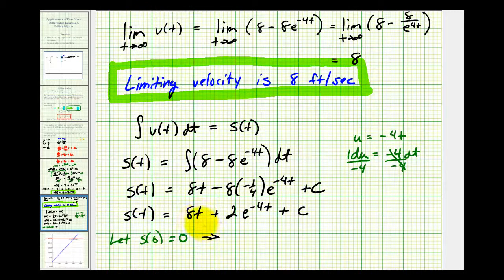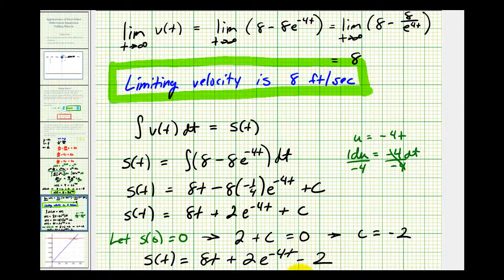So this would give us 8 times 0, that's 0, plus 2 times e to the 0, which is 1, plus c equals 0. So we know c must equal -2. So our position function, s of t, is equal to 8t plus 2 times e to the -4t minus 2.